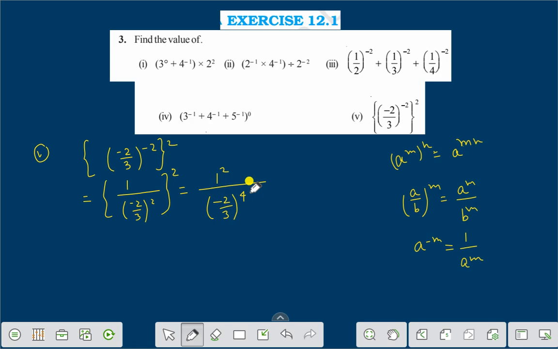Therefore we get 3 by minus 2 to the power 4.